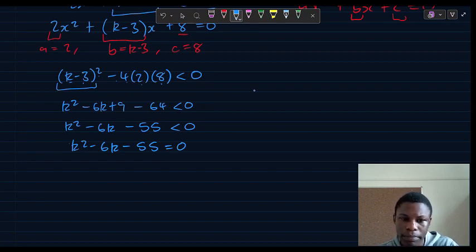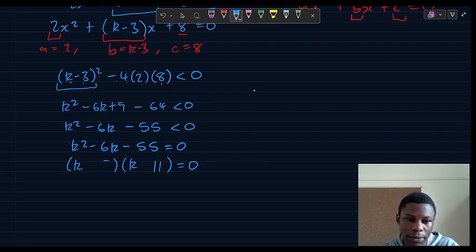And can we factorize this by inspection? I think we can. We want factors of negative 55 that add up to negative 6. So I know 11 times 5 is 55. So I want negative 11 plus 5 because that gives me negative 6.